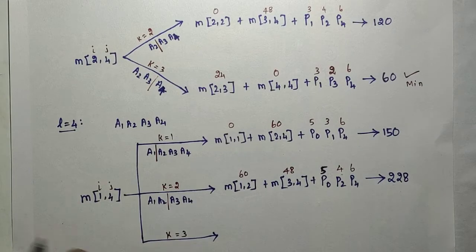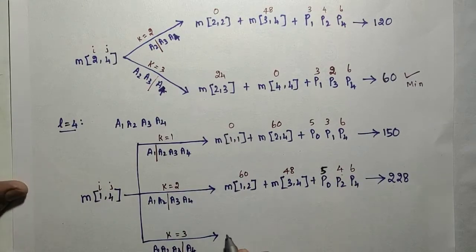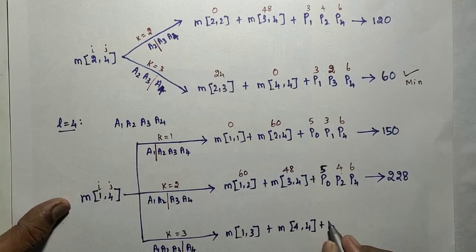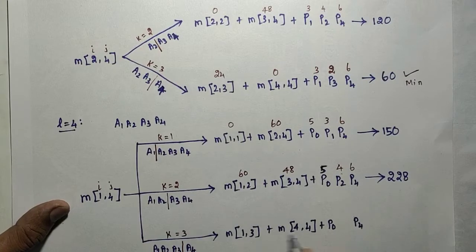The next possibility is k equal to 3, where we want to find A1, A2, A3 and A4. The split occurs at the third position. So here m of 1 comma 3 plus m of 4 comma 4 plus p(i minus 1), that is p0 and pj, p4, which will be the same, but the split position is 3, that is p3.